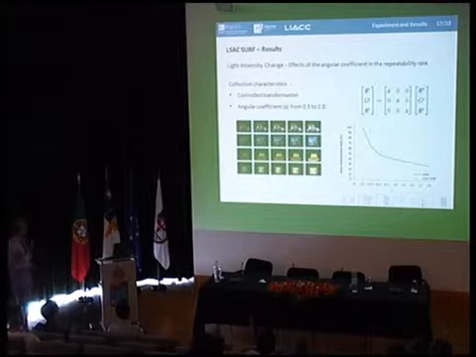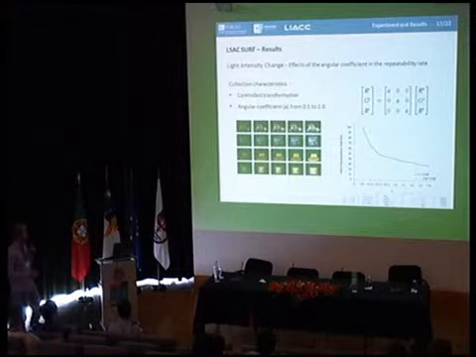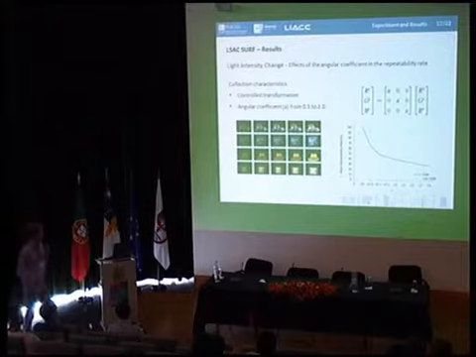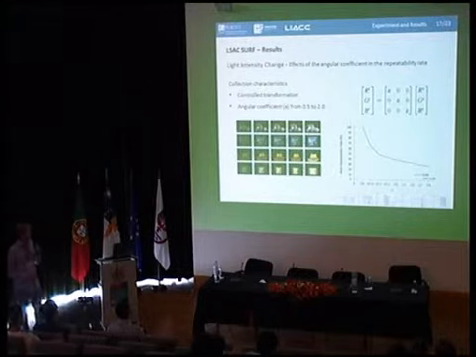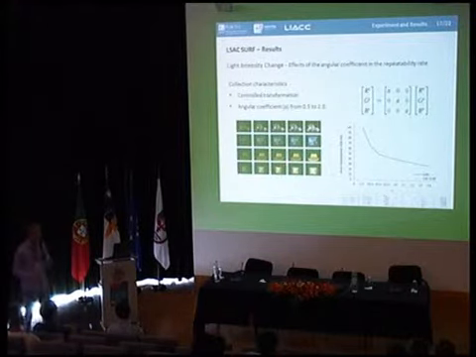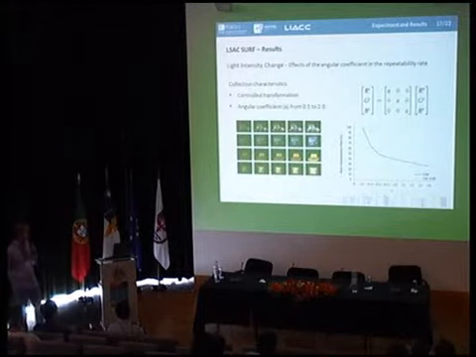Here in the second experiment, we wanted to measure the effects of the angular coefficient in the repeatability rate. For that, we varied the angular coefficient A from 0.5 to 2.0. And here we also have a sample of 4 images that received this kind of transformation.